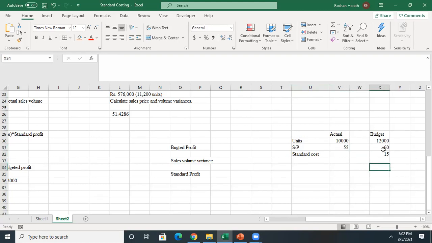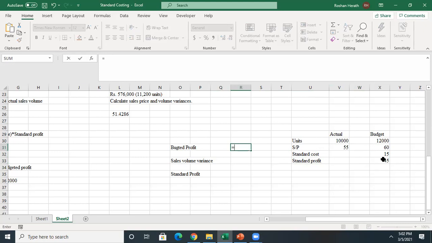Then we can work out the budgeted profit. The profit comes to 45. So this is going to be the standard profit. The standard profit is 45, right? So the budgeted profit comes to 45 into 12,000 units.